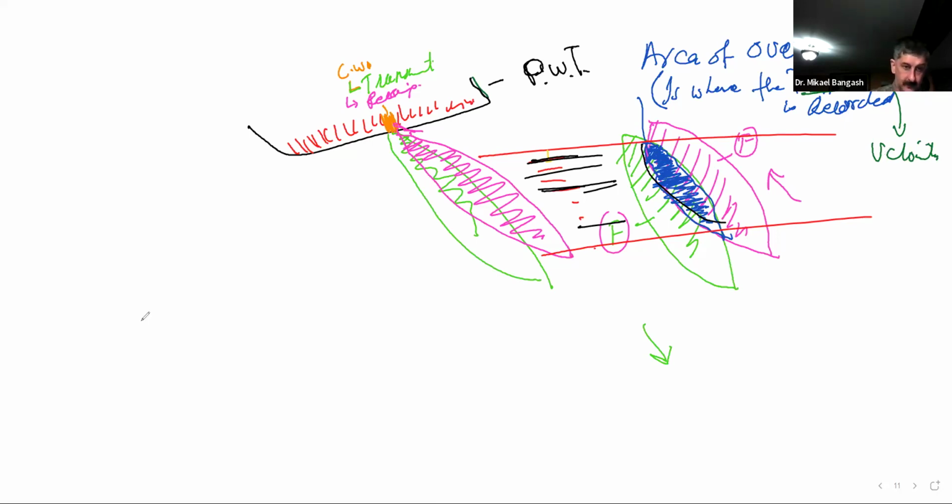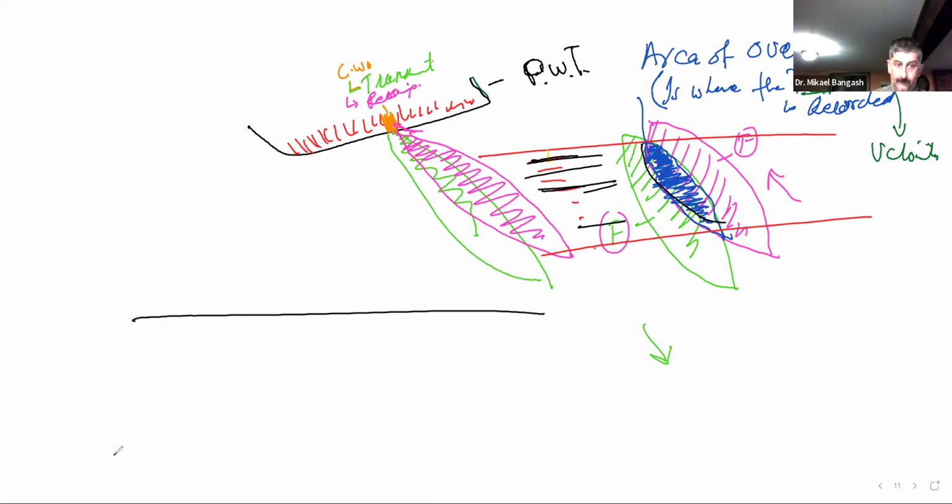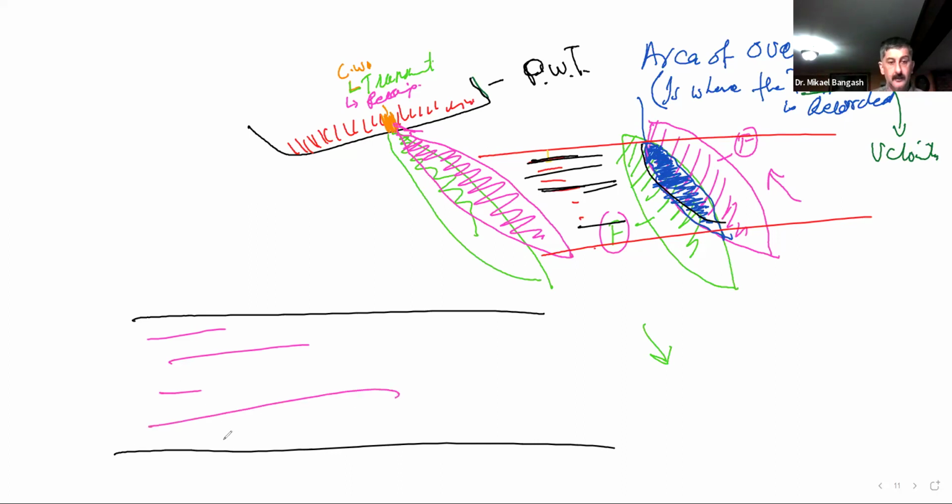Or think of our highway scenario. Cars in different lanes may be driving at different speeds.